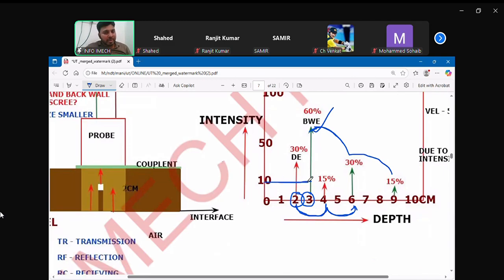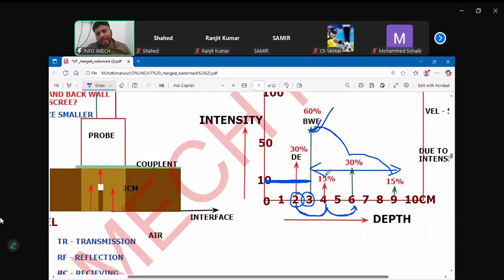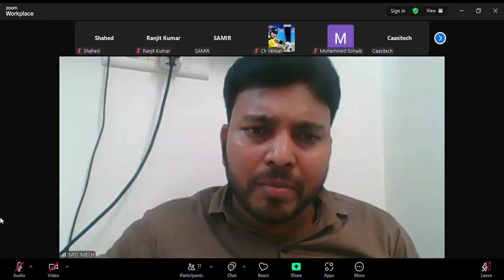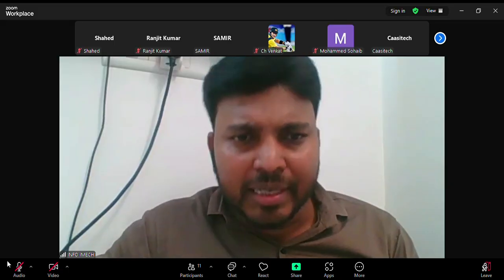Because you need the total thickness, and if there is any defect inside the material, you need to know that. If a defect is there, obviously the echo will come before this back wall only, na? After the back wall, we cannot get any defect echoes. So this whole area after the back wall, no need to consider, because reflected echoes will not be from after the back wall. Always your required area will be the back wall and before the back wall only for the material testing.